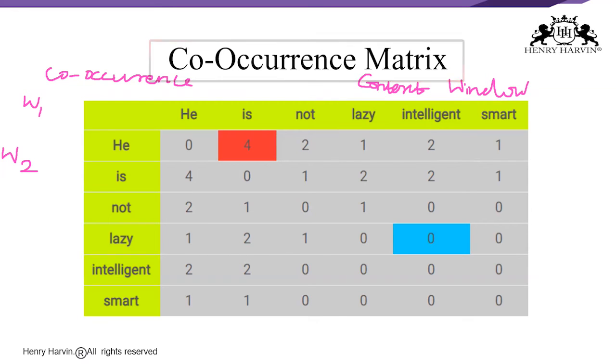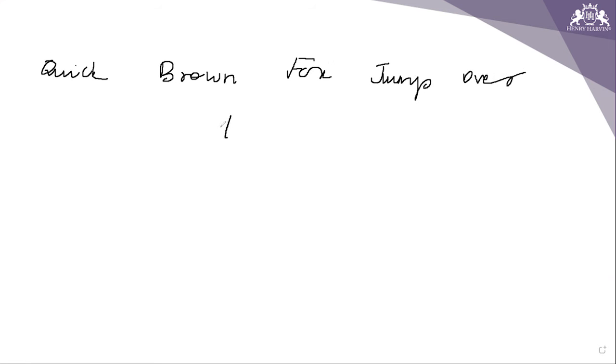So let me take a whiteboard now. For example, I'm saying: a quick brown fox jumped over the lazy dog.